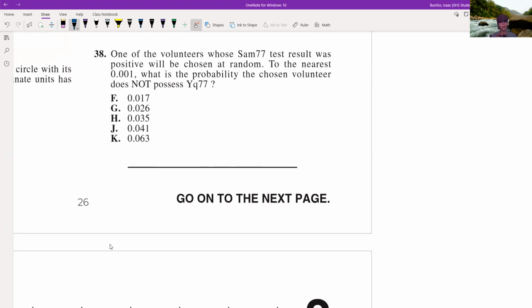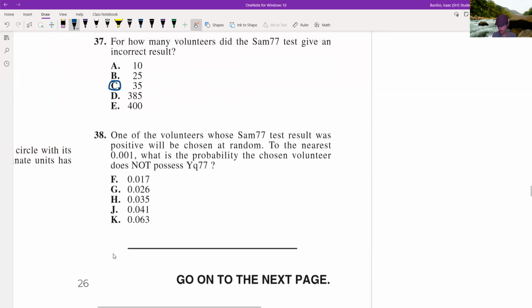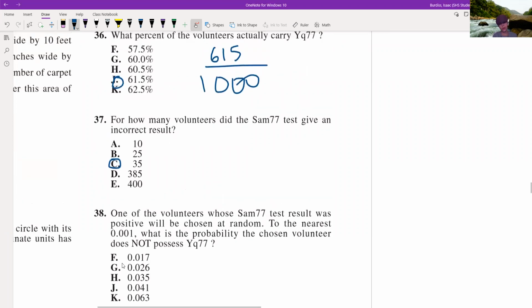One of the volunteers whose SAM77 test result was positive will be chosen at random. What is the probability that it will not possess it? So it's saying, what is the probability that one of the positive SAMs is incorrect?